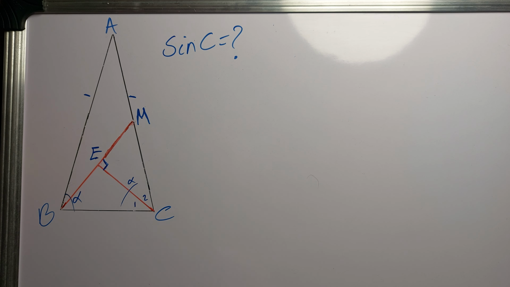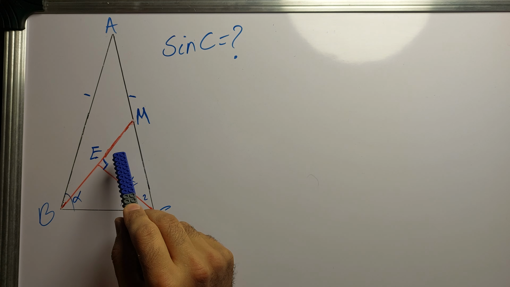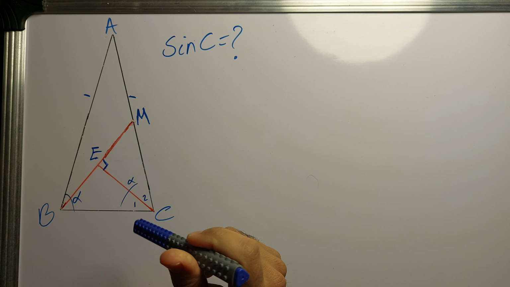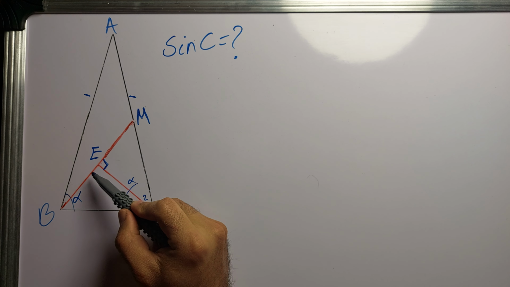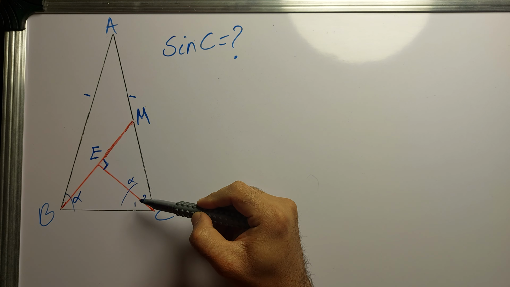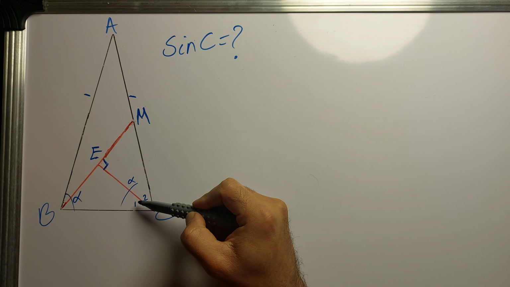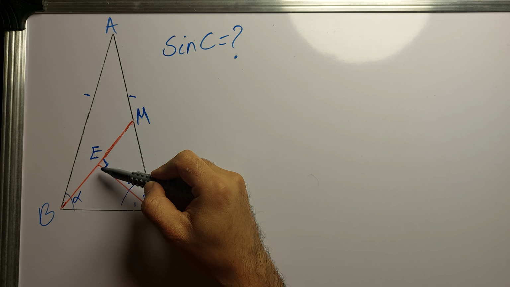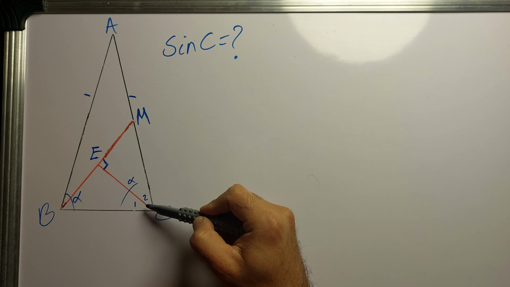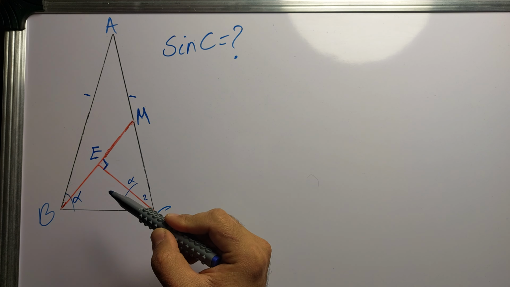Okay, so let's start. Let's focus on these two little red triangles. We know that this angle is 90 degrees, and so is this angle. We know that this angle and this angle are the same because this line was the angle bisector. And this side is also shared, so both triangles have the same side here.